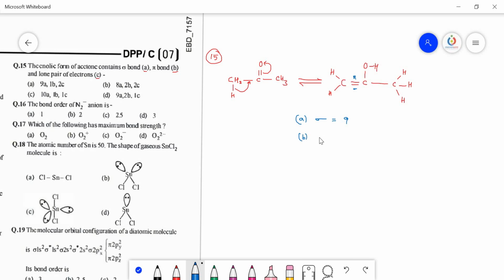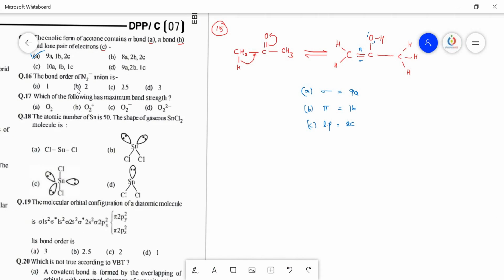And how many pi bonds are there? Only one. And lone pairs of electrons: oxygen will have two lone pairs of electrons every time. So lone pairs of electrons equal 2. So 9A, 1B, 2C. Option A is correct.